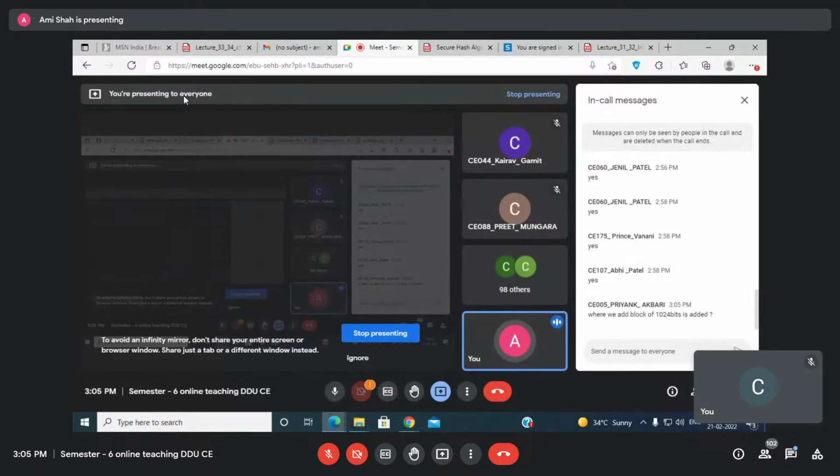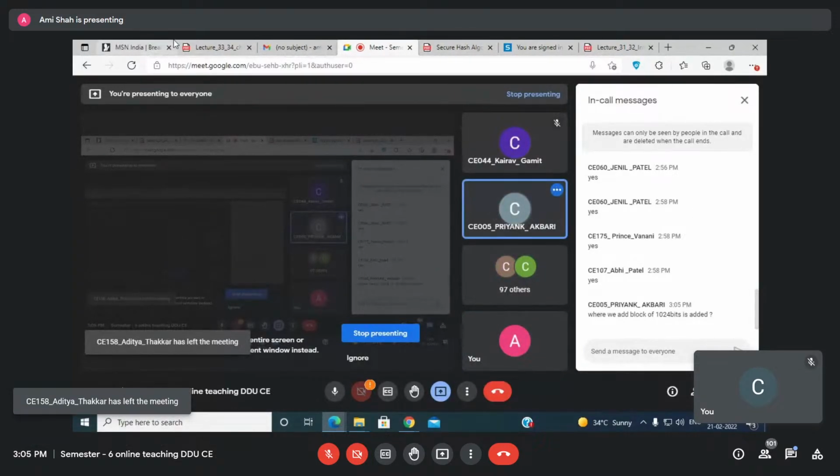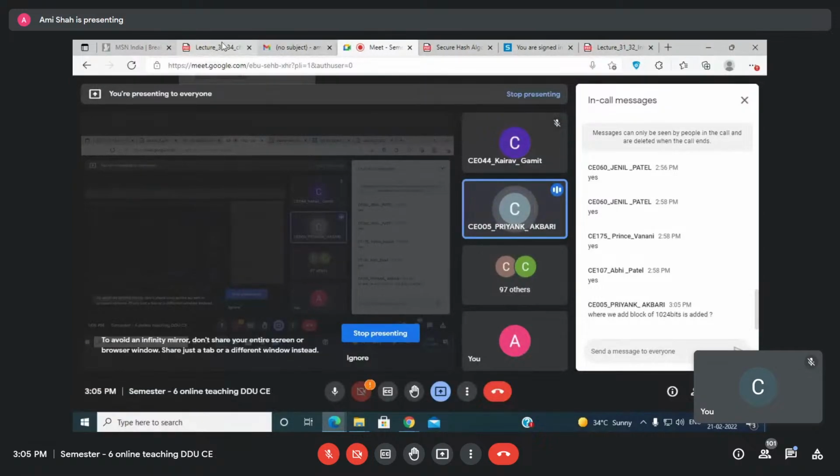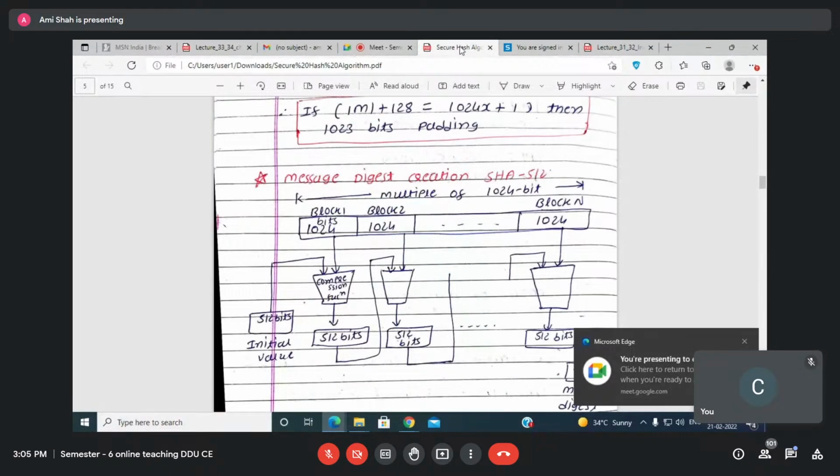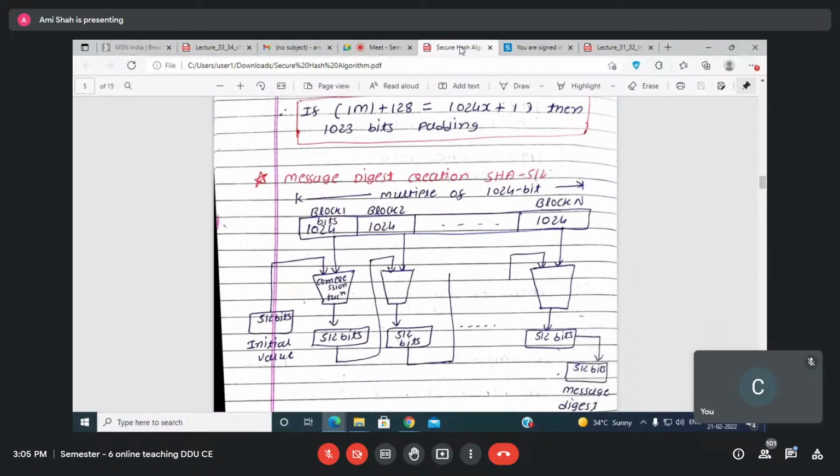Please unmute yourself and ask me the question. Ma'am, here where do we add that 1024-bit block in the digest? I'm not getting your question, Priyank. Like in this figure, we have block 1, which is input to that compression function, right? Yes.